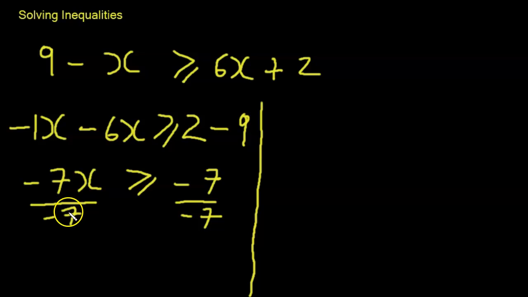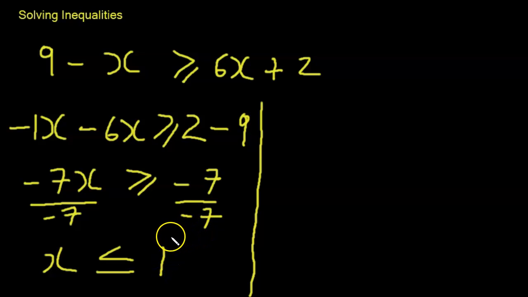Minus 7 over itself gives us 1, so it's just 1x, which is just x. And because we're dividing both sides by a negative number, the inequality sign changes direction. Negative divided by negative is 1, and anything over itself is always 1. So x is less than or equal to 1.